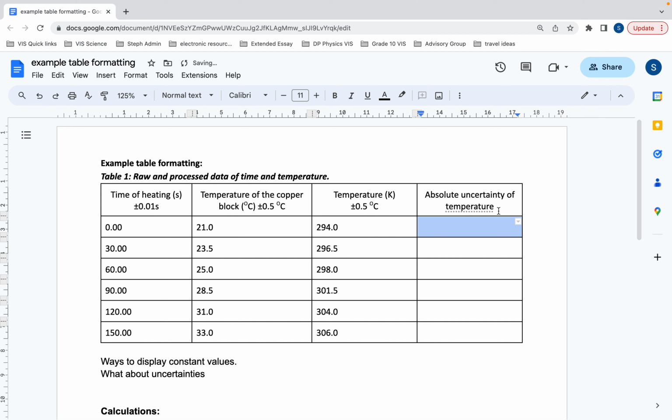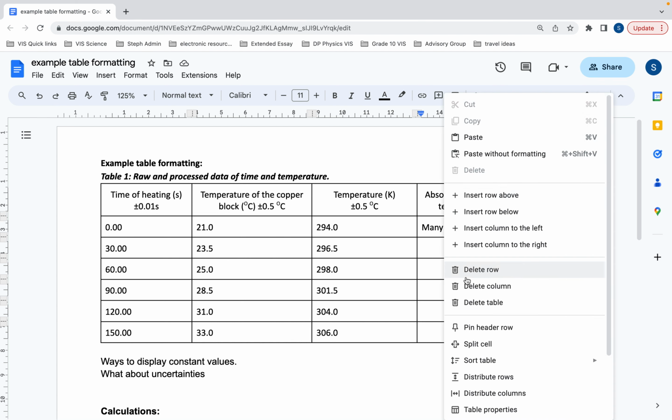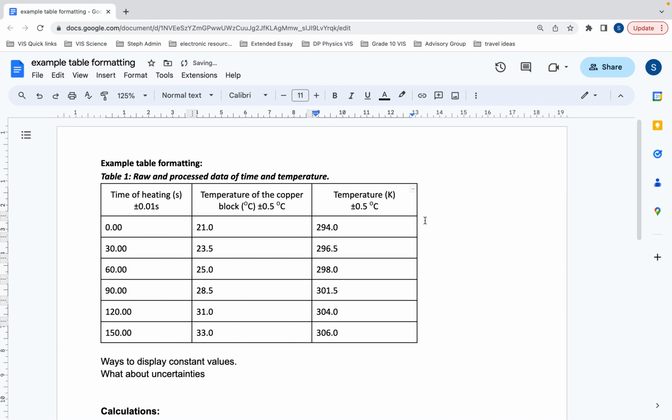And what we could do here, and again, you can just use the symbol for this, is put in the range over 2. So if there are many trials, then we would do the range over 2 for them. And that would always be a separate column, because each one is going to be a different value. So just a few things there on formatting your table.